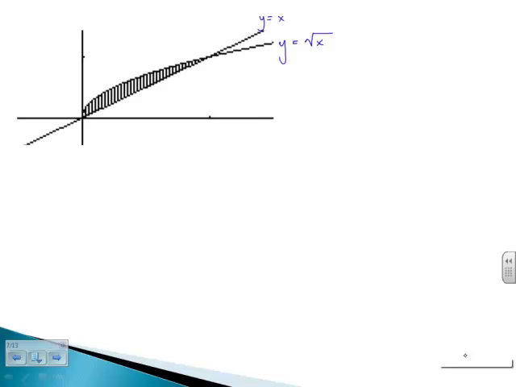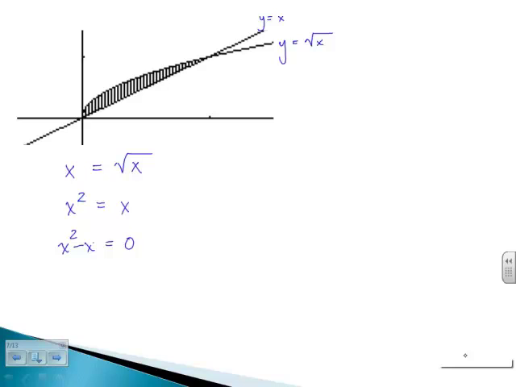Before we begin, we first need to figure out where these curves intersect so that we can figure out our bounds of integration. So to begin, we will set y equals x equal to the function y equals the square root of x. Then to remove the square root, we can square both sides so that we have x squared equals x. Next, we can subtract x from both sides so that we have x squared minus x equals 0.